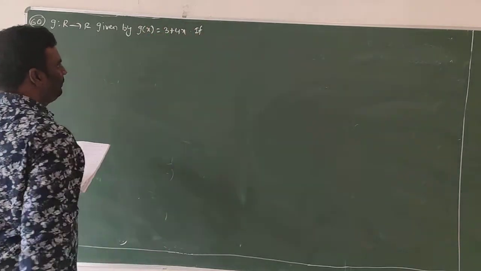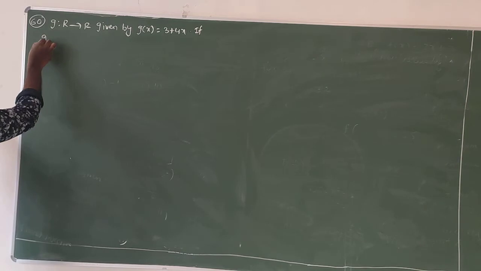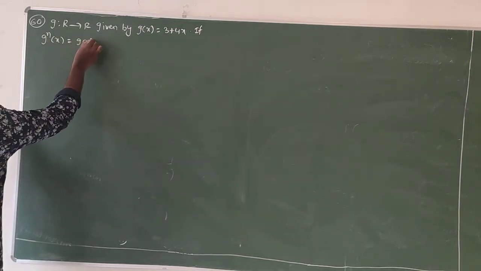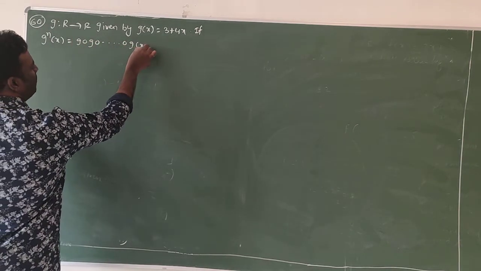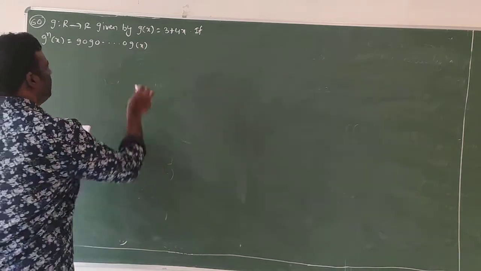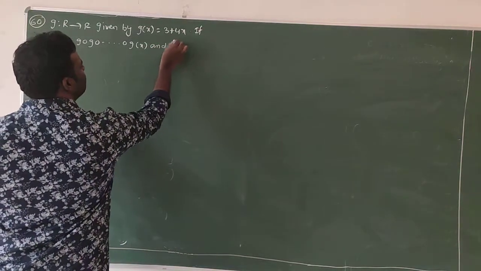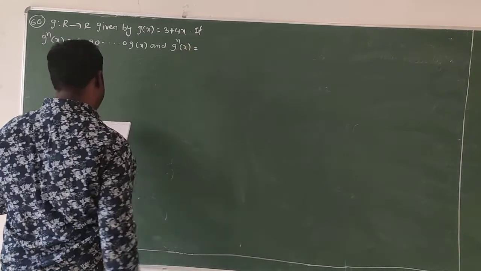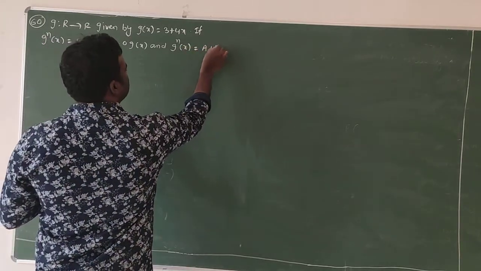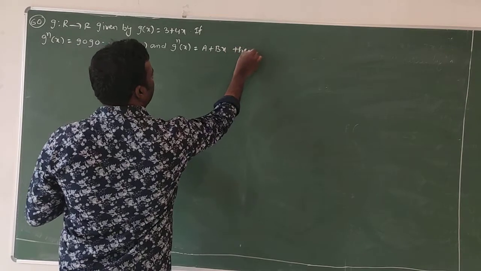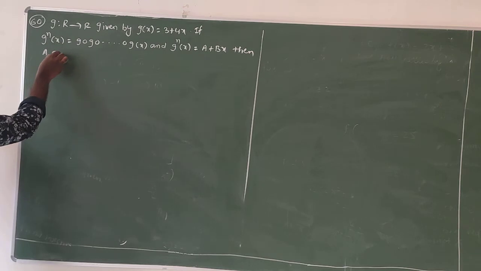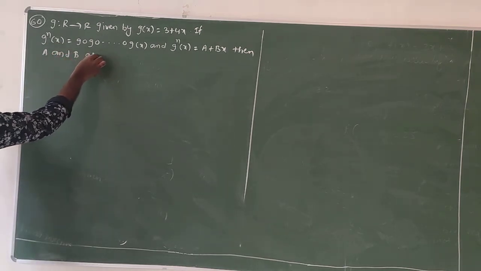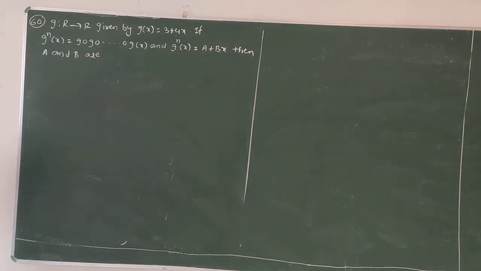If g power n of x is nothing but g circle g and so on, you need to apply it n times, and g power n of x equals a plus bx, then a and b, both values we need to find.